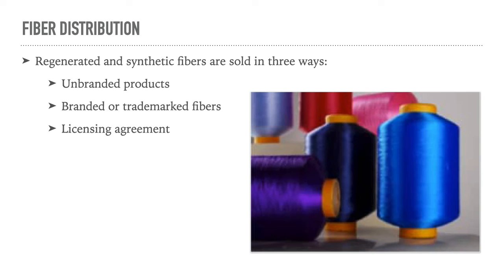However, there are also no implied or required standards of performance. When sold as branded or trademark fibers, there is an assurance of quality control by the producer, but there is no implied or required standards of performance either. When licensed, trademarks are permitted to manufacturers whose fabrics and end products pass tests for their specific end use.